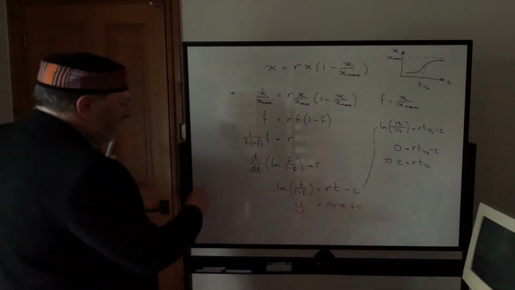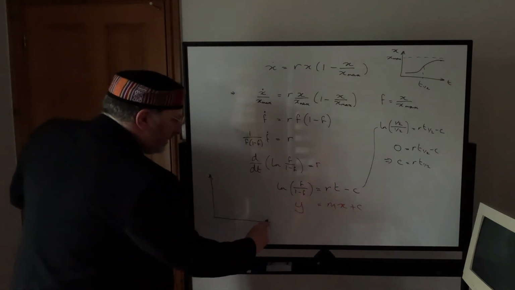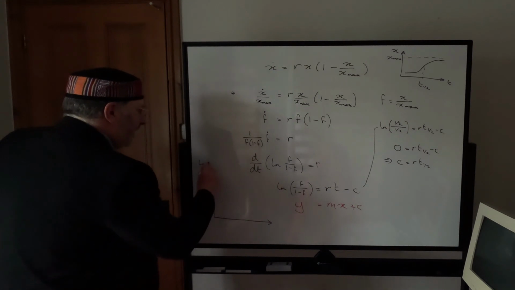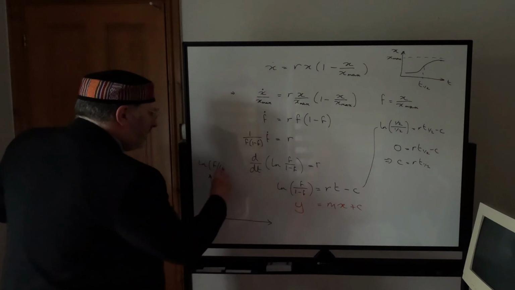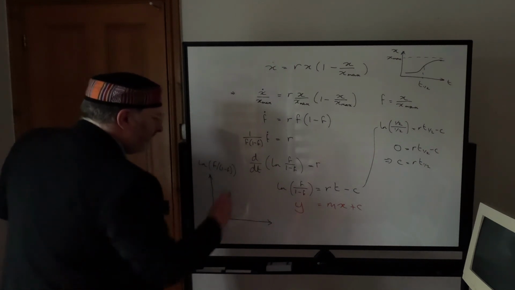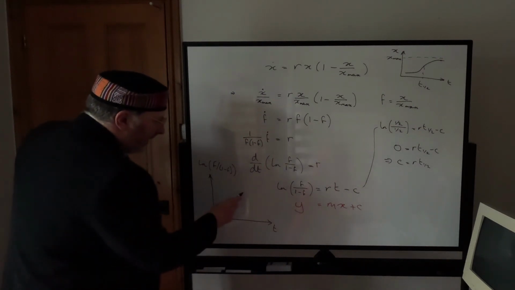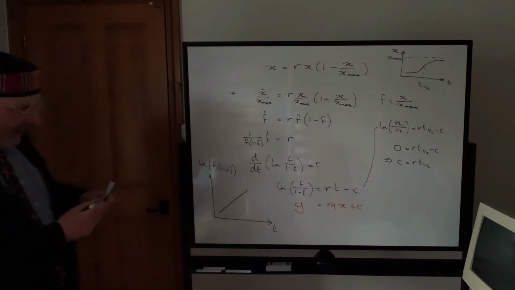So if we have some data that we suspect obeys a logistic curve, we can plot log of f over 1 minus f against the time t, and if it is indeed logistic, we will get a straight line.